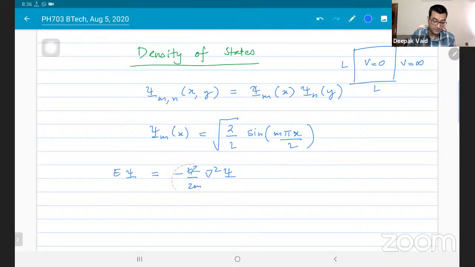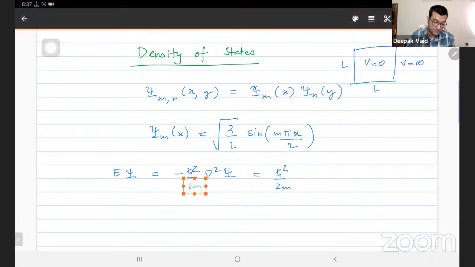Now, what does this give us? The del square, remember, is just dou x square plus dou y square. So if you do that, what do you get? You get h bar square by 2m.